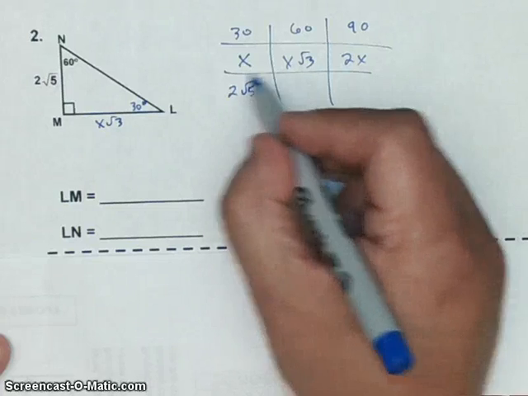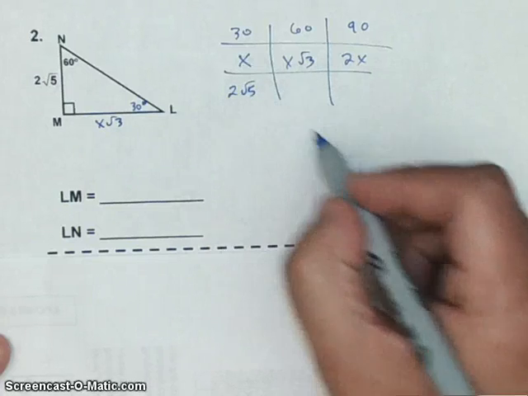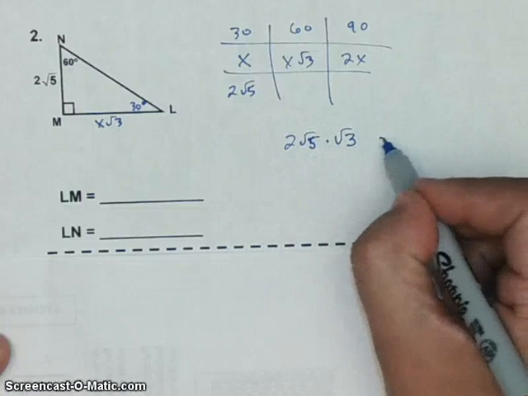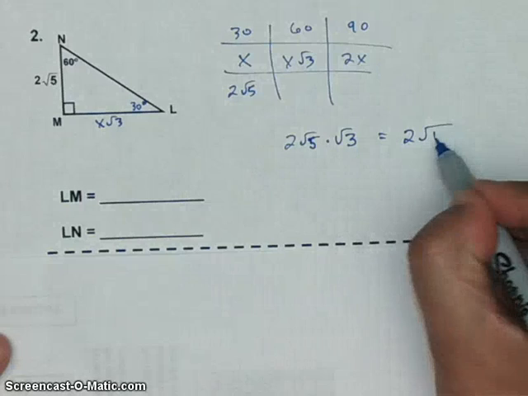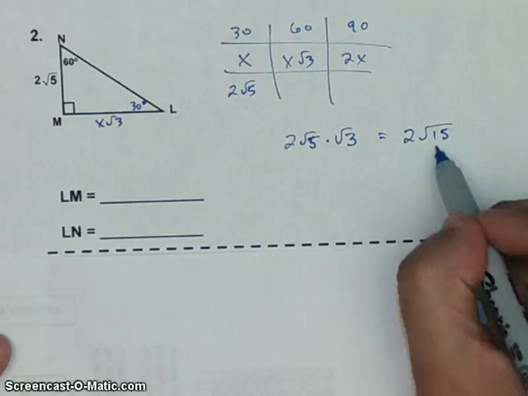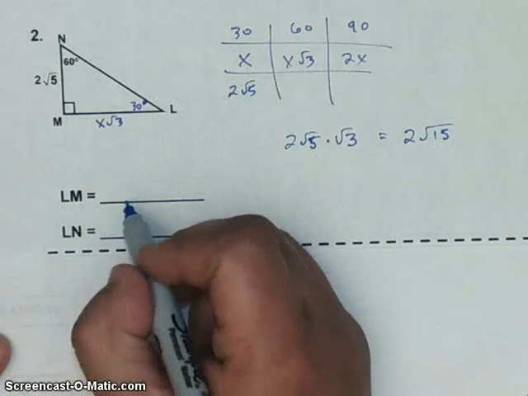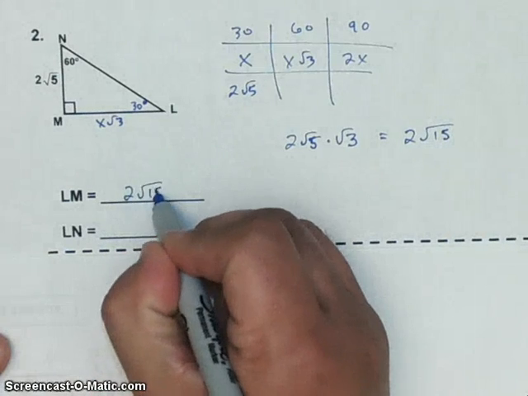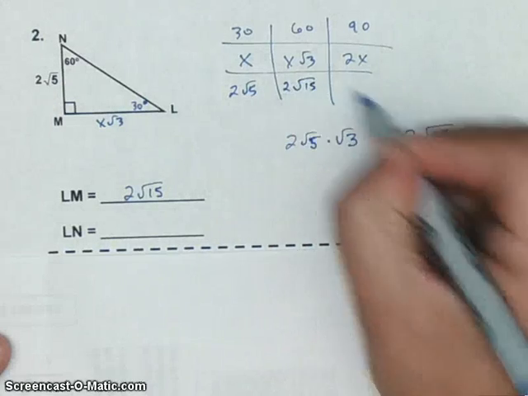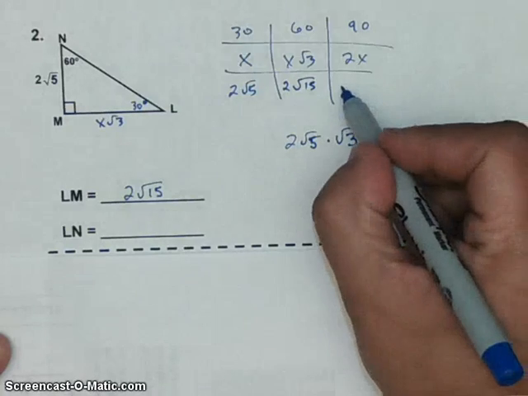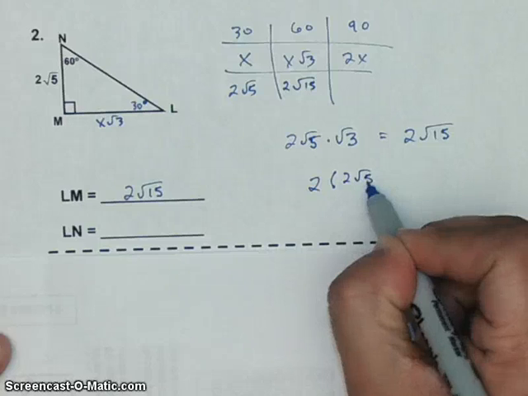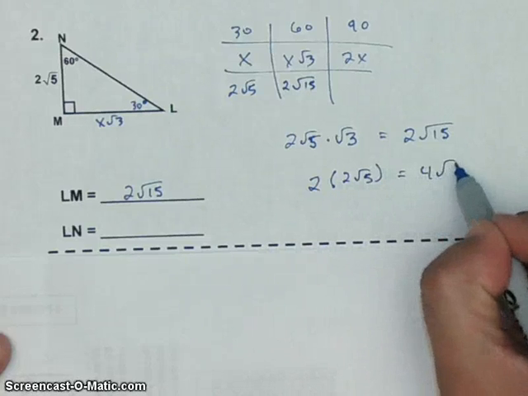So I'm going to replace the x with 2 square roots of 5. I get 2 square roots of 5 times the square root of 3, which is equal to 2 square roots of 15. Since both of these are prime, they're not going to factor or reduce. This is the length of LM in lowest terms. Then I'm going to take 2 times 2 square roots of 5, and that becomes 4 square roots of 5.